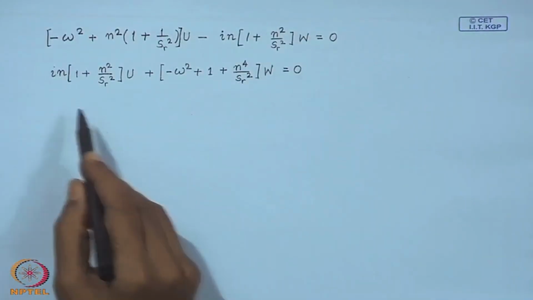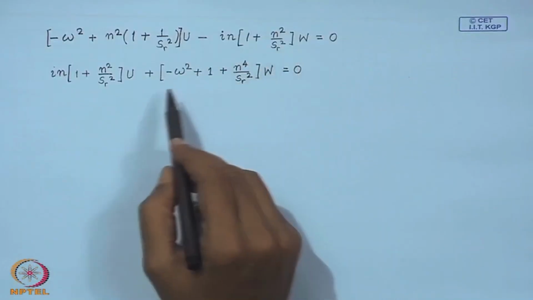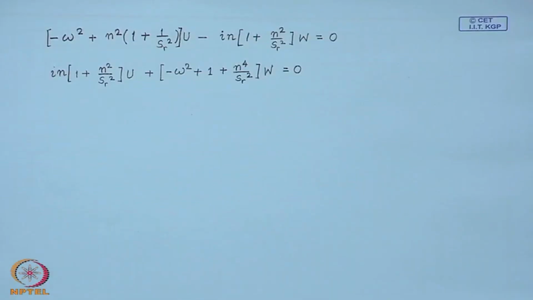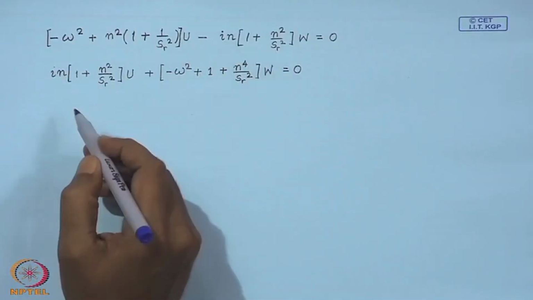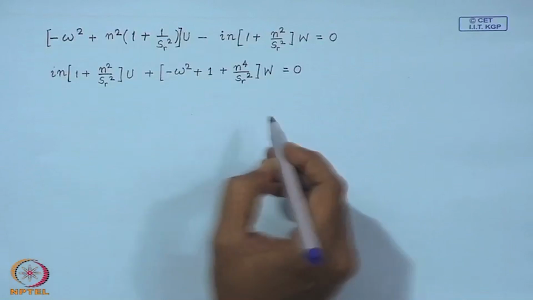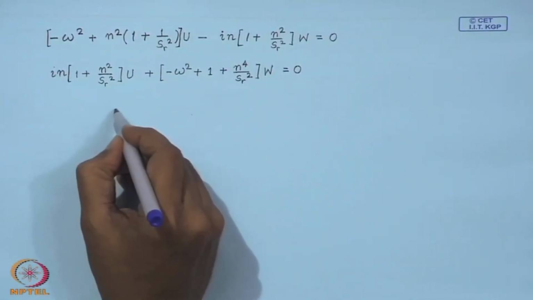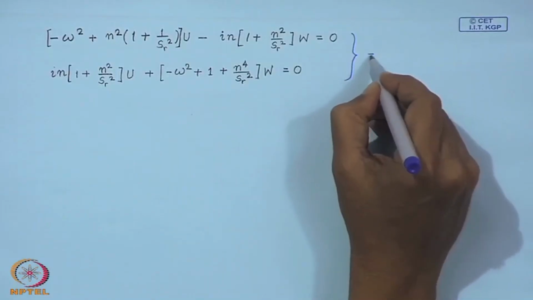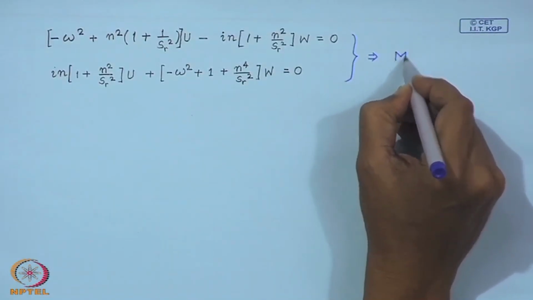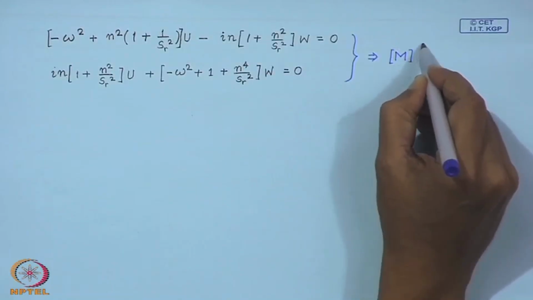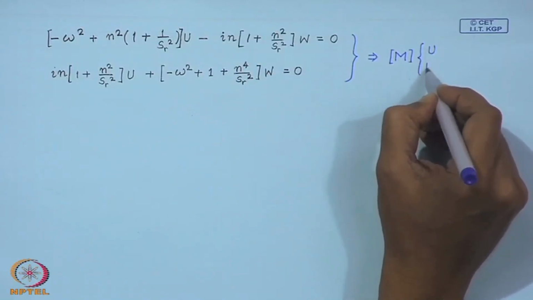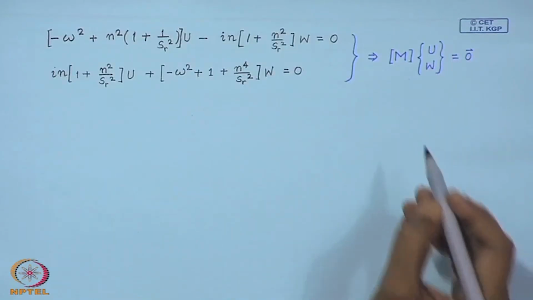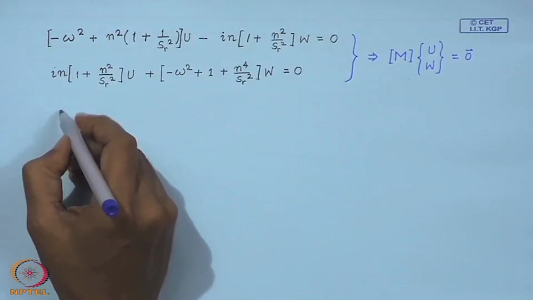Now, for non-trivial solutions of u and w, this capital U and capital W, we must have the determinant of this matrix, so we can write this as a matrix, the determinant of M must vanish.